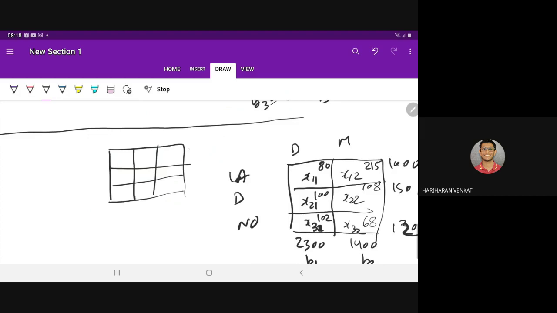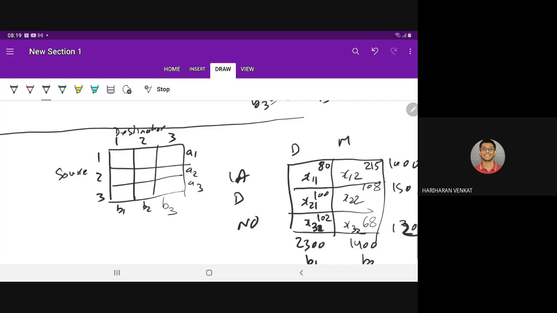Here we have sources 1, 2, 3 and destinations 1, 2, 3. Let the source limits be A1, A2, A3, and the destination limits be B1, B2, B3.